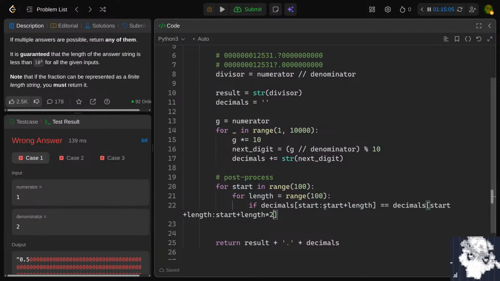So imagine taking a slice out of the list of decimals and seeing if it repeats right after itself.